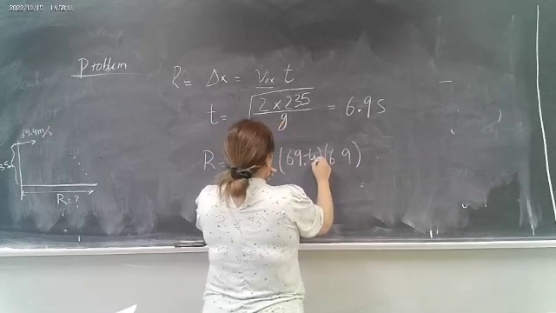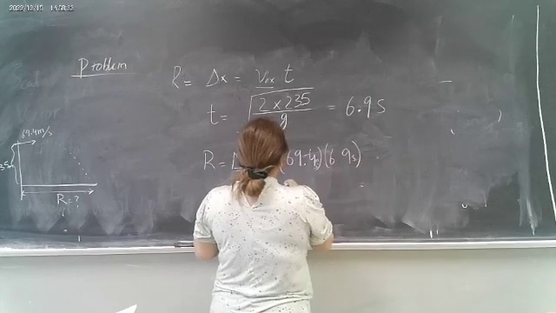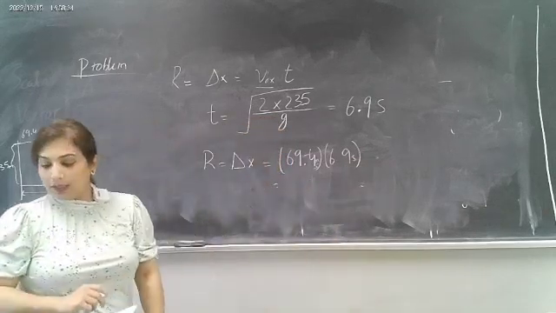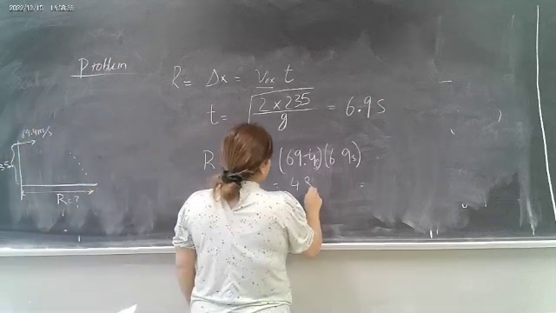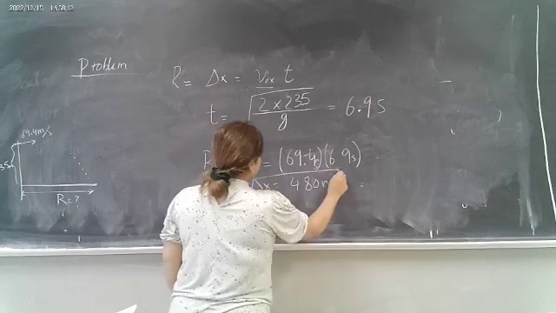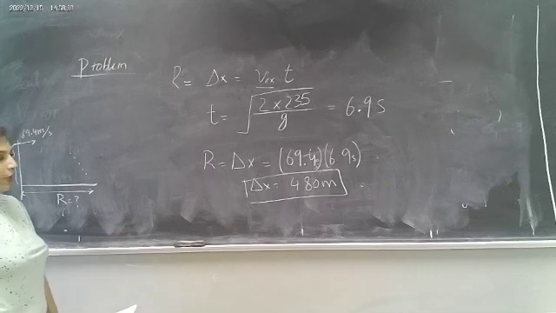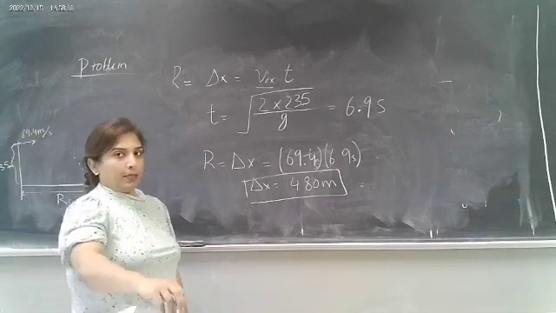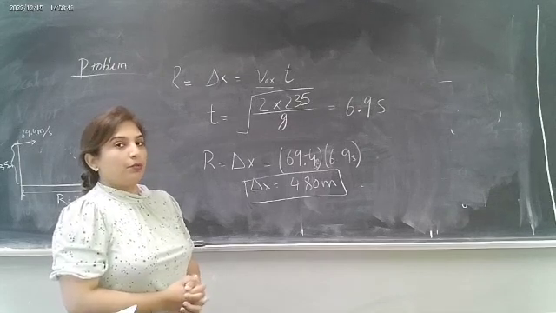This one is in meters per second and this one is in seconds, so the seconds get cancelled, and you will get your answer in meters. This is going to give me 480 meters for delta x, or the range. This much in advance, the goods need to be dropped for the climbers to get them. Let me know if you have any questions related to this problem.